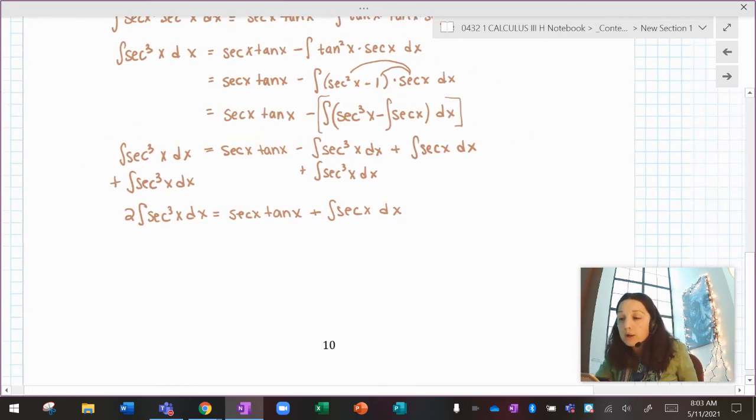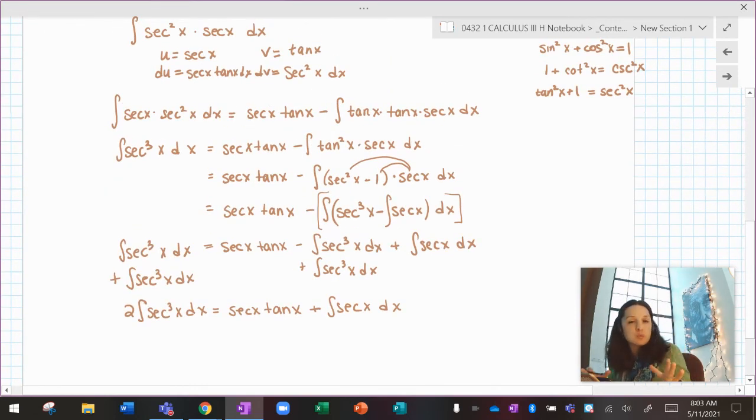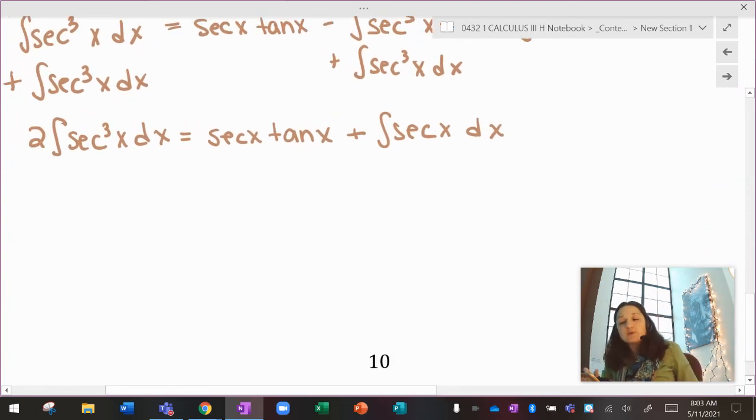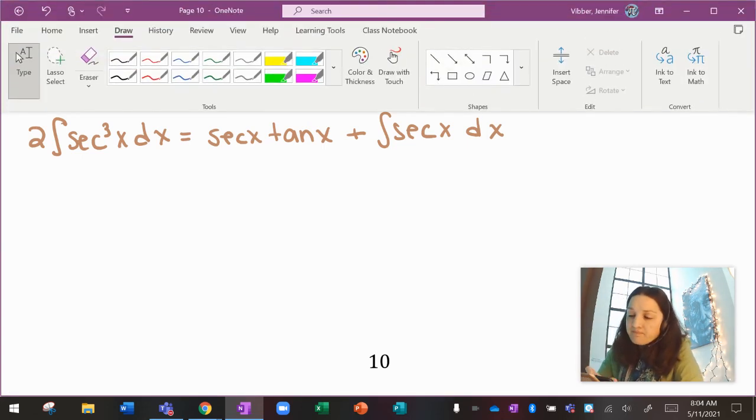Here's why I call this one black magic. Number one, we're doing a whole bunch of switcheroos. But here's the black magic part. A long time ago, somebody with more insight than I said, I don't know what the antiderivative of secant is. I know what the antiderivative of secant squared is. I know what the antiderivative of secant tangent is. So if only that secant were a secant squared or a secant tangent.